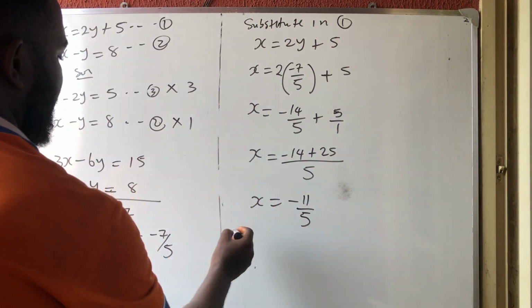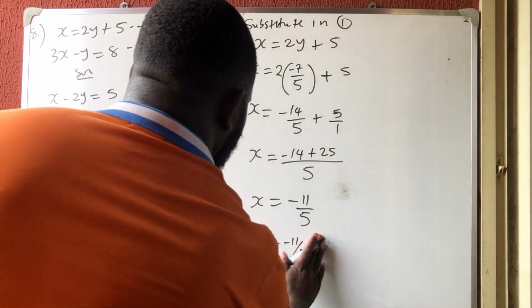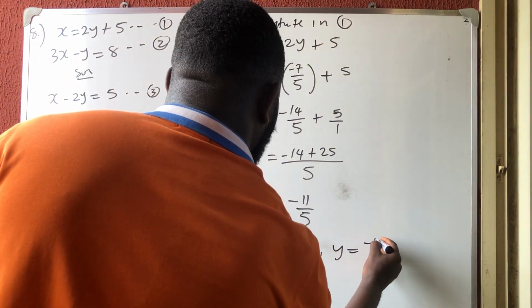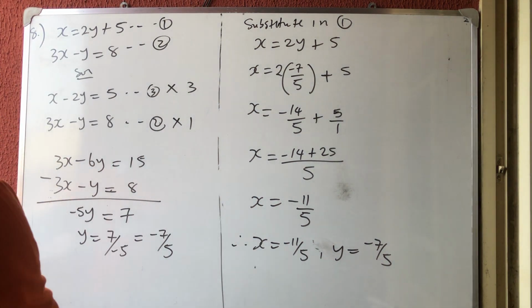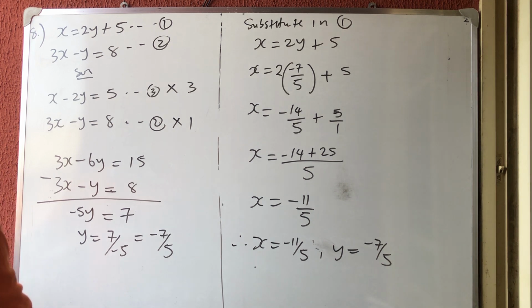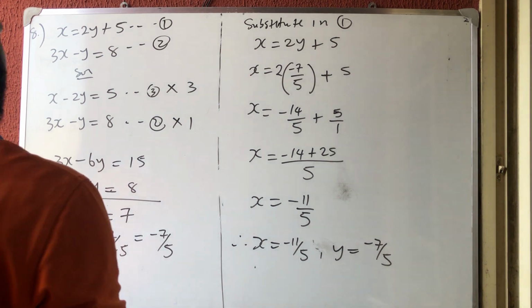Okay? So therefore, my x is equal to minus 11 over 5 and y is equal to minus 7 over 5. So that is that.